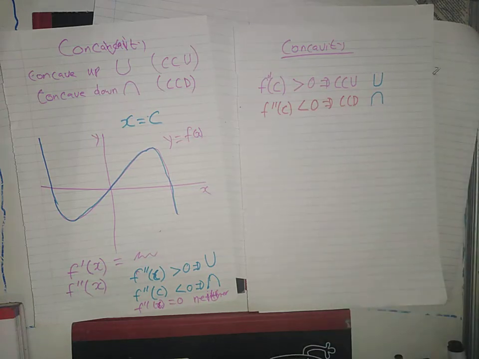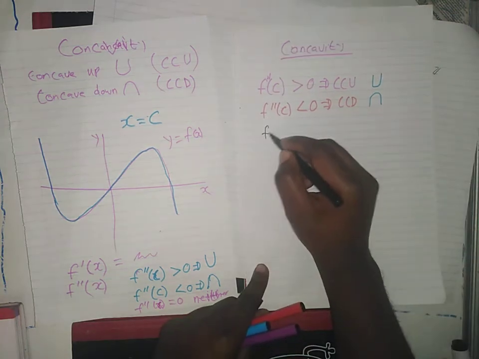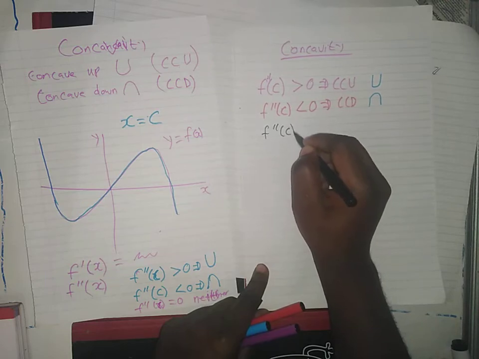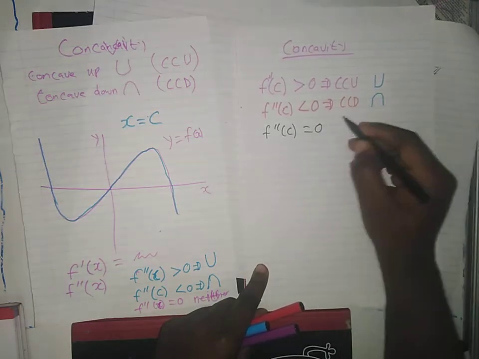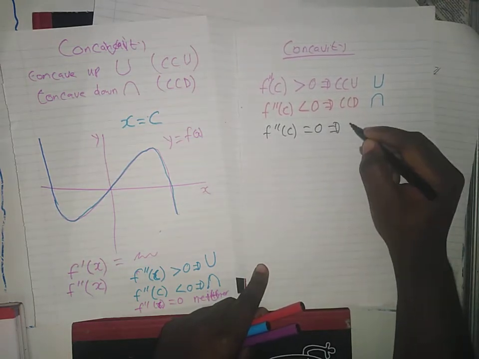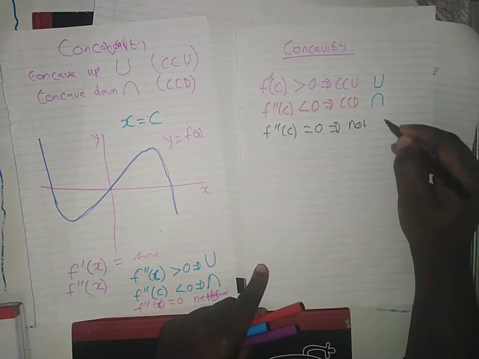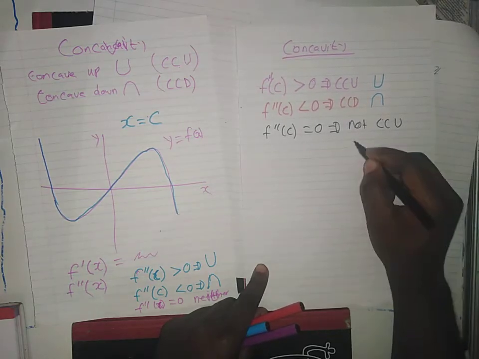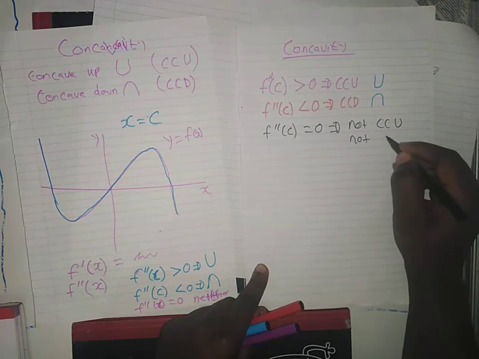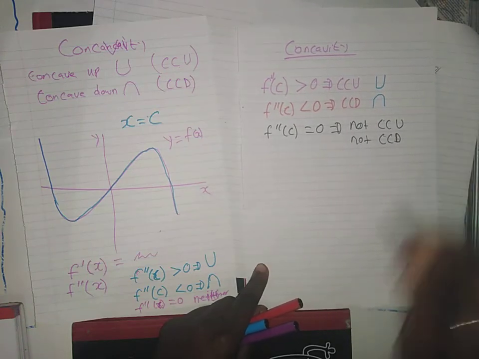And then lastly, with a very different color again, if f prime prime at c is equal to 0 this time round, what does it mean? Not concave up, and also not concave down.